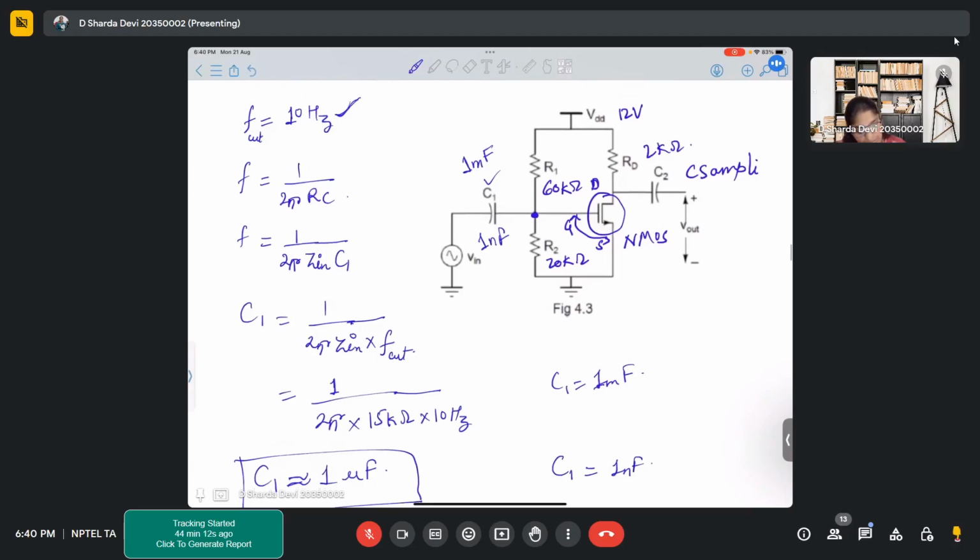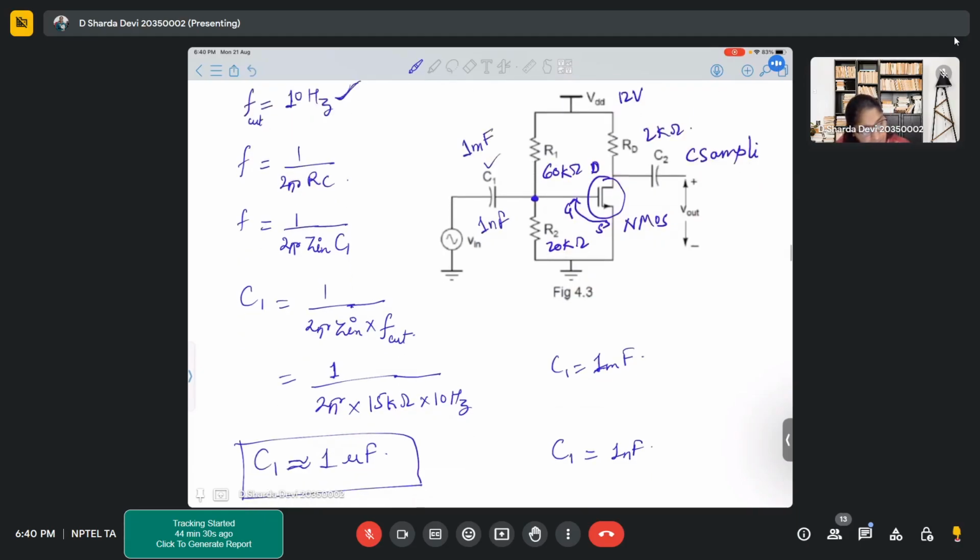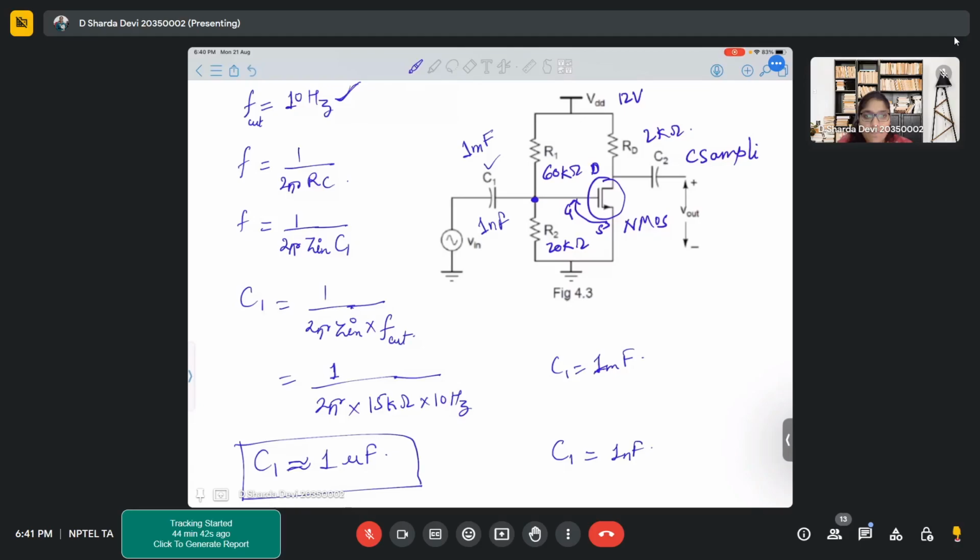We have found out that for 1 microfarad, the cutoff frequency turns out to be 10 hertz. Now the frequency of your Vn remains constant and we are changing the capacitors. So what is the behavior that we will observe in case of 1 millifarad and 1 nanofarad?